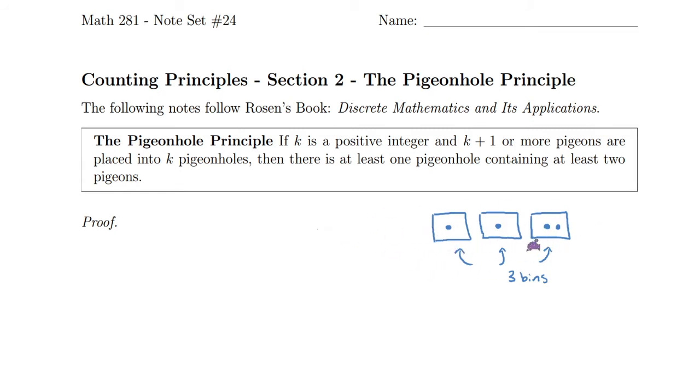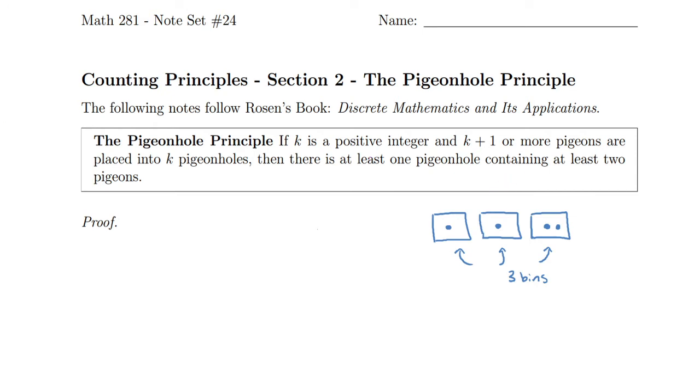No matter how I do that, there's going to be one bin with at least two balls in it, right? You could have a bin with all four, and the other two are empty, but then that first bin would have four of them, which is at least two. Okay, well, that's just what the principle says. Okay, so let's prove it.